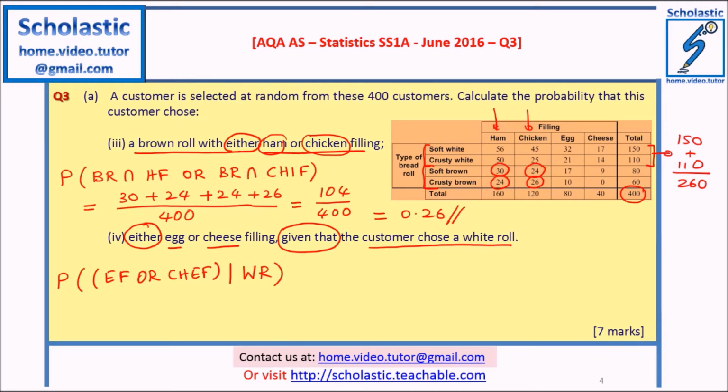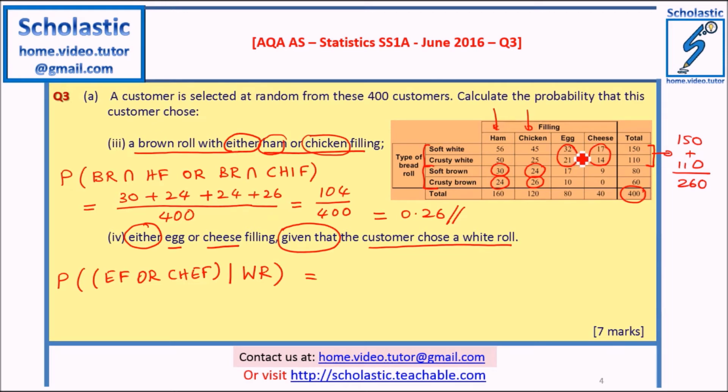So what we now look at is either egg filling or cheese filling. There are 17 plus 14 who chose white roll with cheese filling, and 32 plus 21 chose white roll with egg filling.